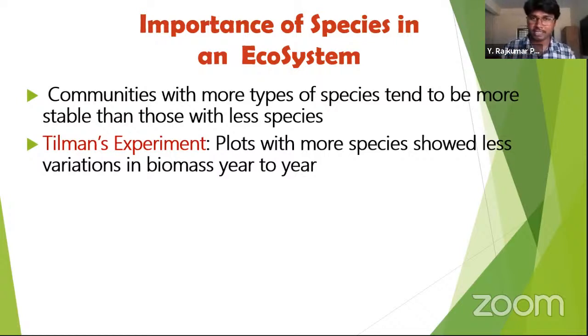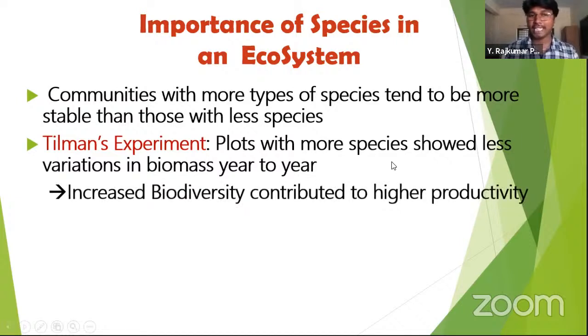If the variation in the plants or animals is less, that ecosystem will be more stable. So it increases the stability of an ecosystem when there is less variation, right? So plots with many more species have shown less variation. That's what was observed by Tilman.